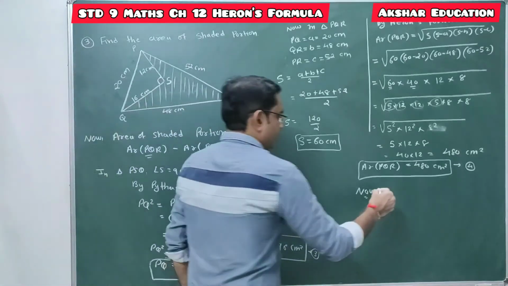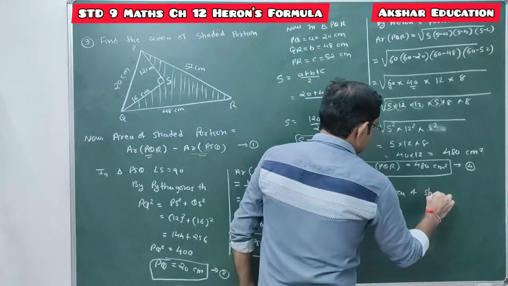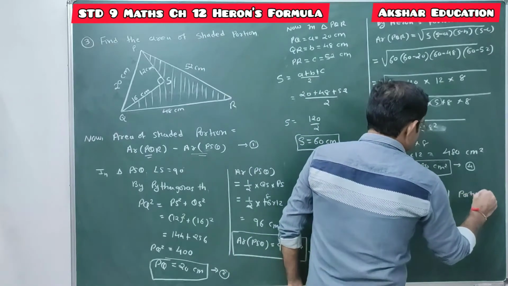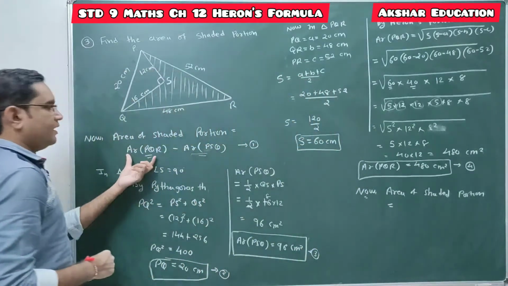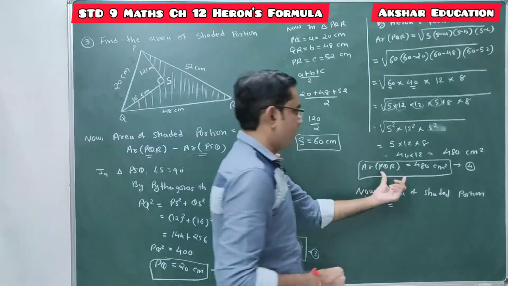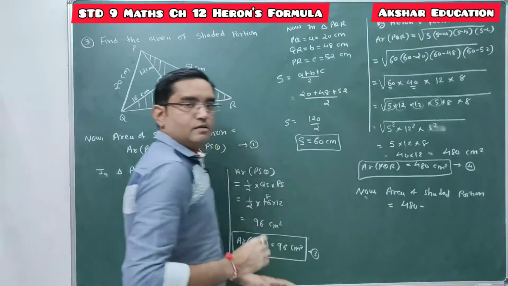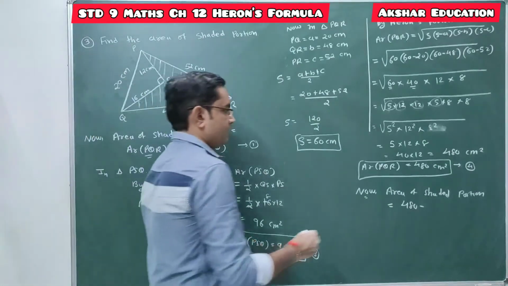So we are getting the area of the shaded portion. Area of shaded portion is equal to area of triangle PQR, which is 480, minus area of triangle PSQ, which is 96.